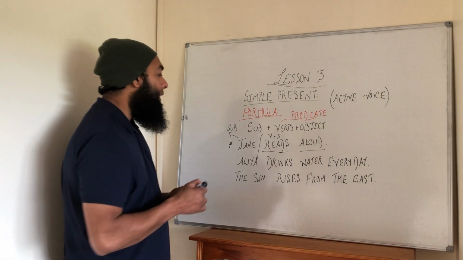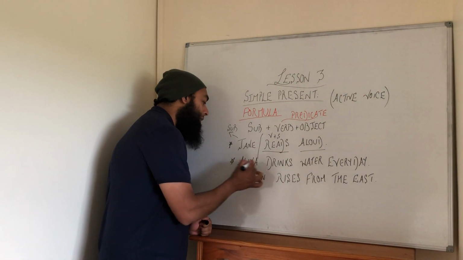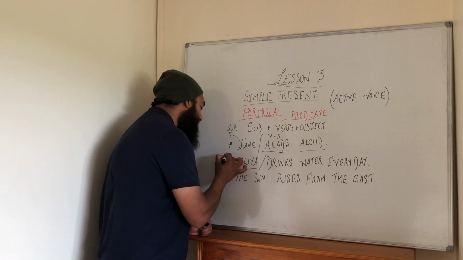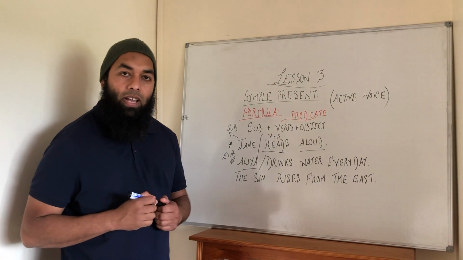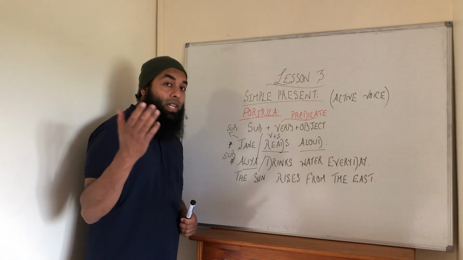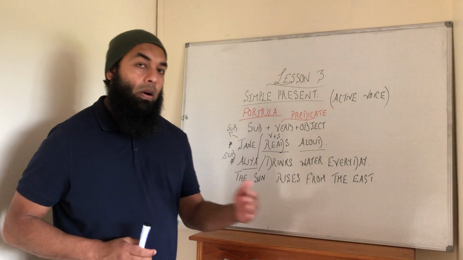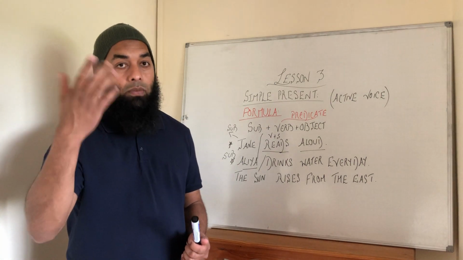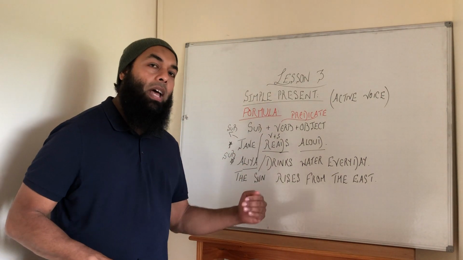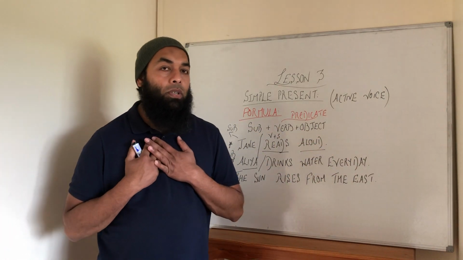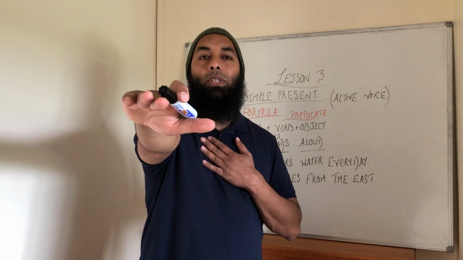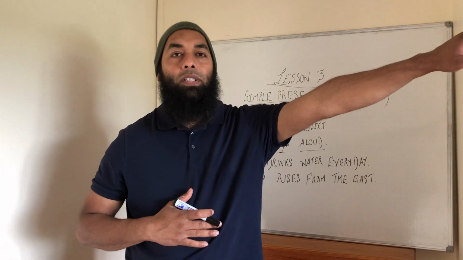When it comes to Alia, we say the same thing. Alia is what? A subject. Okay? And we say Alia drinks water every day. Because Alia is a name or a pronoun, if there was a pronoun. But at the moment, she's a noun. Okay? And she's a third person. Remember, I am the first person. I'm talking to you guys, you are the second person to me, and Alia is the third person.